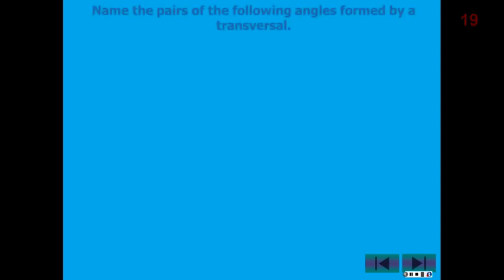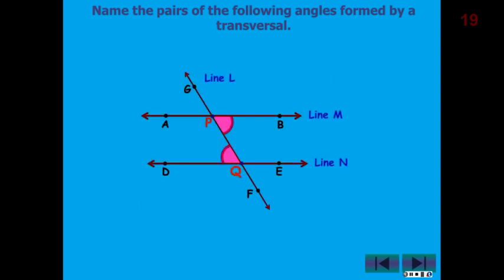So let's do a little test to see how much you guys remember. Name the pairs of the following angles formed by a transversal. How would I name these? What type of relationship is this angle and that angle?